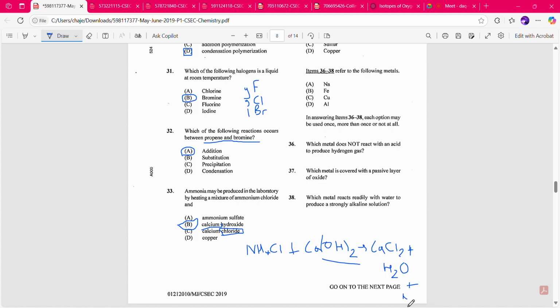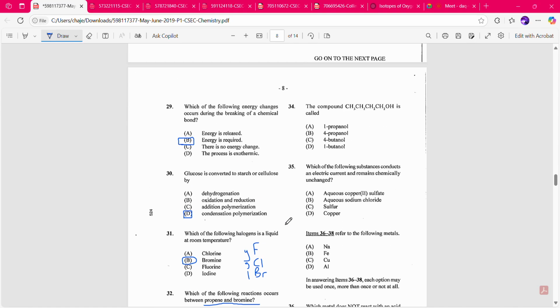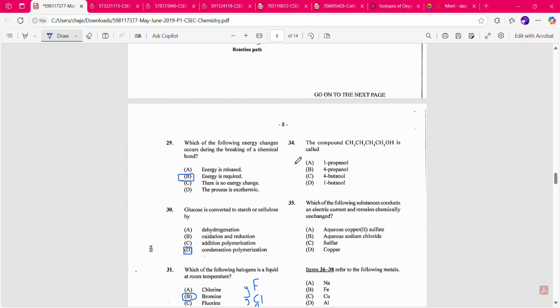And the ammonium is going to leave one of those hydrogens and it's going to come off as ammonia gas. Right, so as I said, the correct answer is B, calcium hydroxide, not calcium chloride, not the one with the same ion, but the calcium hydroxide, this one here.